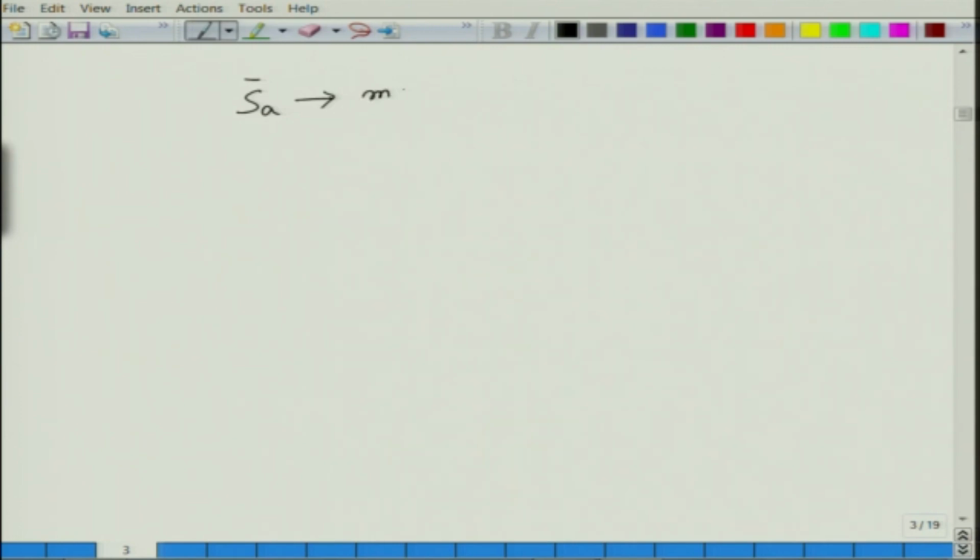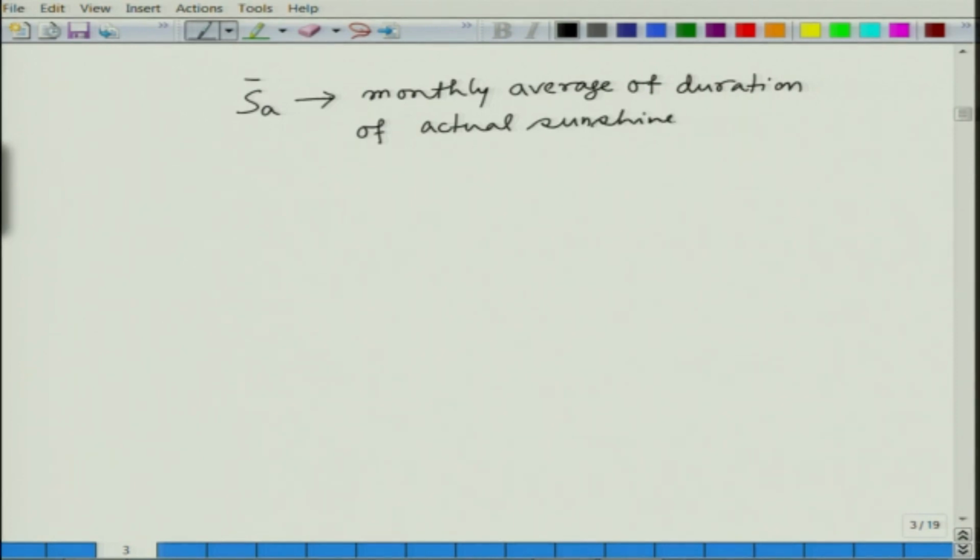SA bar is nothing but the monthly average of duration of actual sunshine hour.